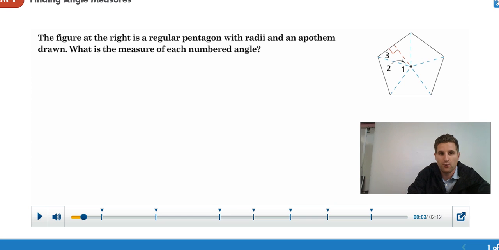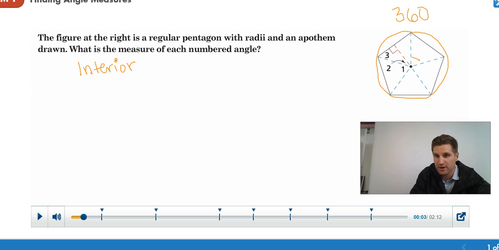Now, we did the interior angle a while ago. So we can find the interior angle of this triangle. Remember, a circle is going all the way around this, and there are 360 degrees in a circle.